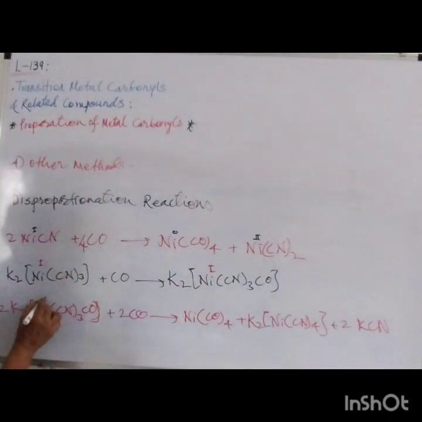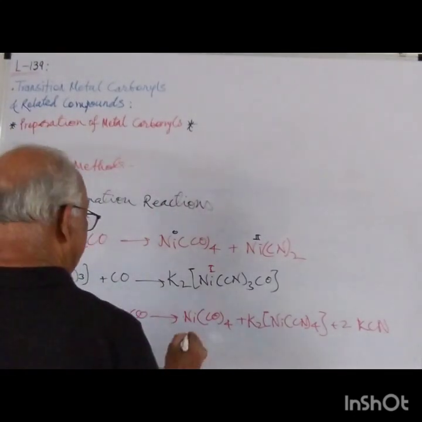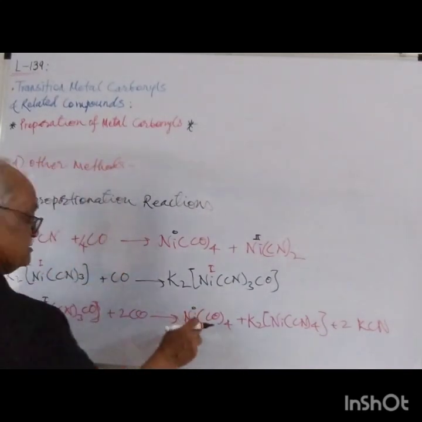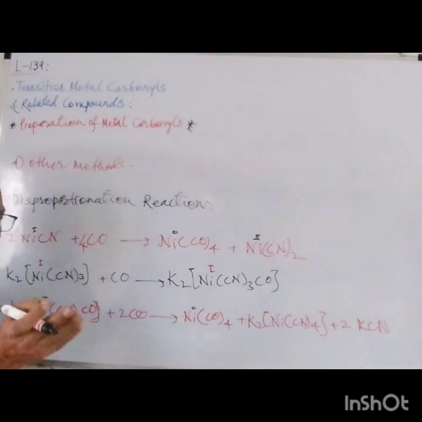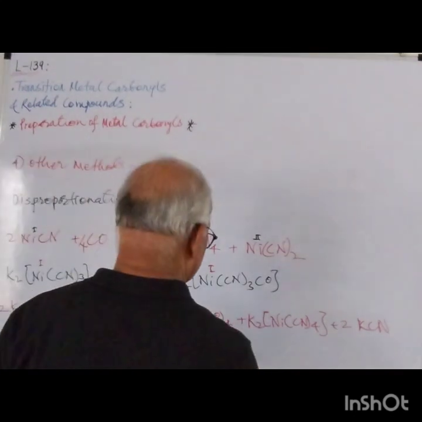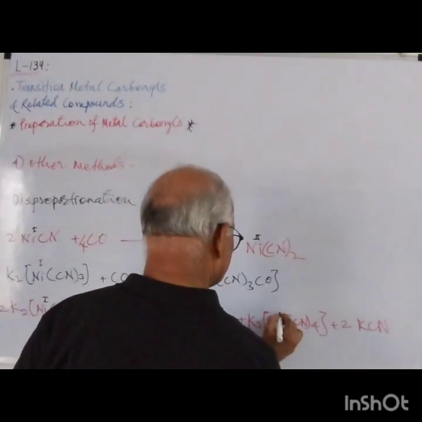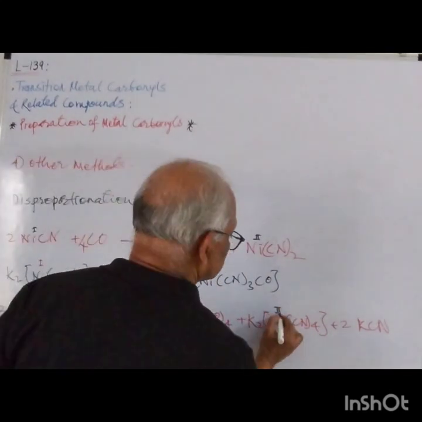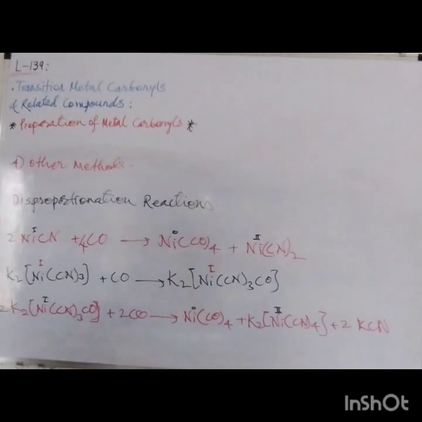Here this Ni is in +1 state. So after undergoing self reduction, half of the Ni is reduced to Ni0, and another Ni is oxidized to Ni2, that is 2 plus state.